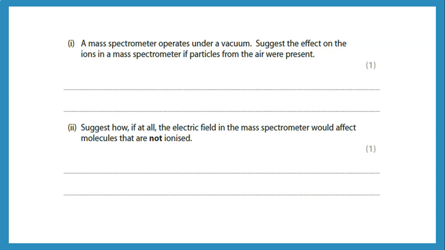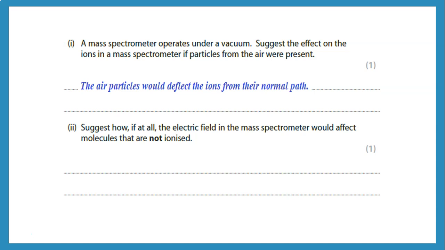Well, that's not good, because the air particles would collide with the positive ions passing through and cause them to deflect. We know that the positive ions are supposed to be deflected by the magnetic field so that they're separated according to their molecular mass. But if there are air particles, then these will collide with the positive ions going through and deflect the ions from their normal path.